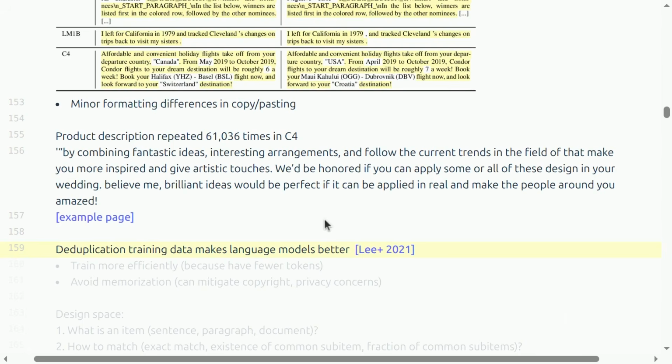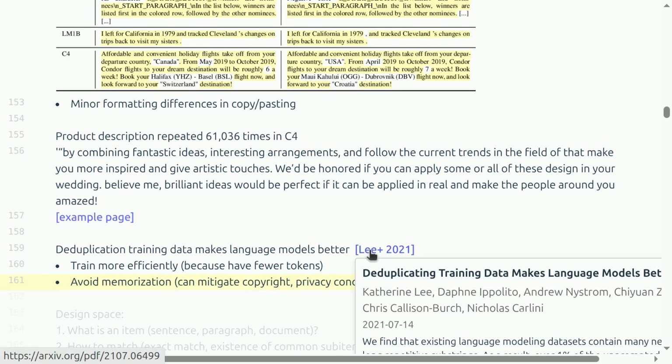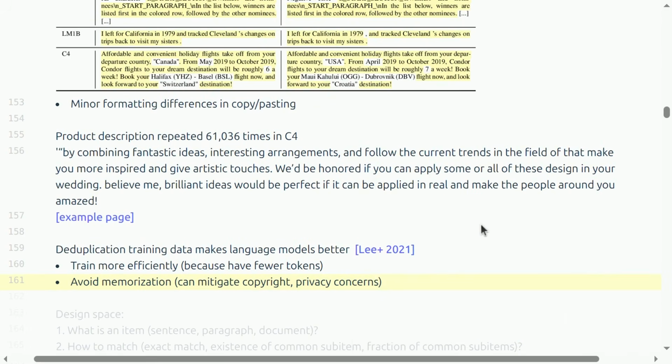So why deduplicate? The first clear idea is that you want to train more efficiently. Deduplication reduces your data set size without really losing information because you're just removing duplicates. It also has the benefit of avoiding memorization, which this paper talks about. For example, if you have some copyrighted content that's duplicated a lot, then if you train on it, you'll memorize it, and there are also privacy concerns.